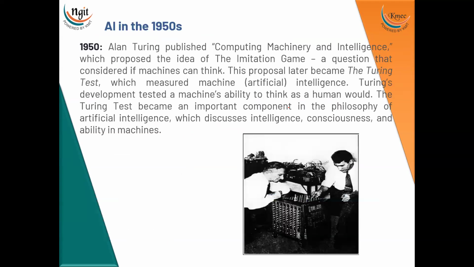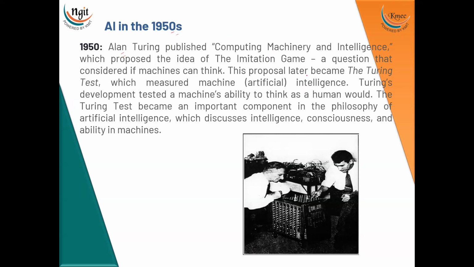The very first, in the 1950s. In 1950, there was a mathematician called Alan Turing. He published Computing Machinery and Intelligence and proposed the idea of the imitation game, that is the Turing test. It's a very famous term, the Turing test, which measures machine intelligence.